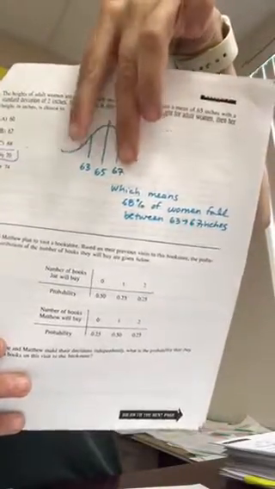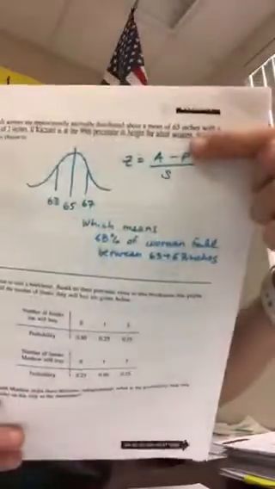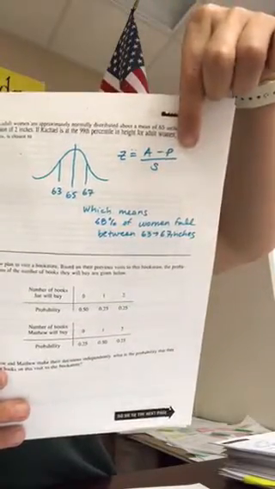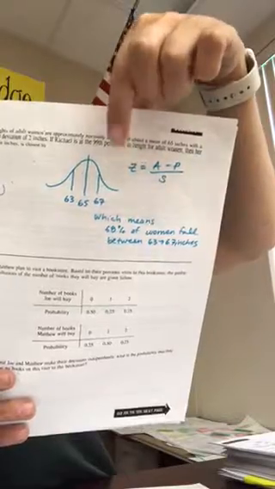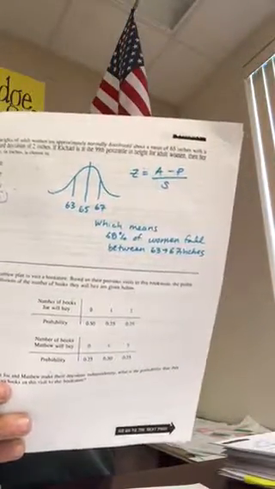So the 68, 95, 99.7 rule sets the parameters for 1 standard deviation, 2 standard deviations, and 3 standard deviations from the mean. If normal, we use the Z formula in AP statistics. It's not on my formula sheet, but I take her actual height minus her predicted height, divide by the standard deviation to find a Z-score. I get the Z-score if I know the area under the curve.